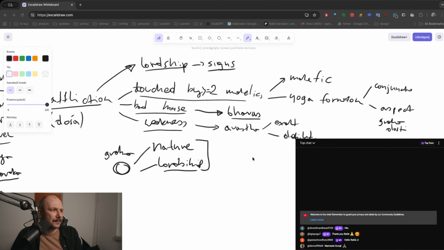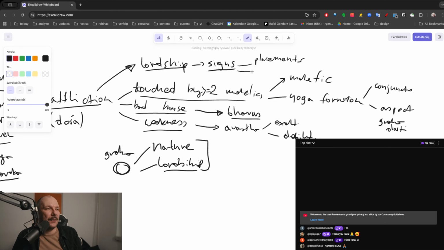All right. So when we are talking about the lordship of the signs, we also need to understand where those signs are placed in the chart. This is the first thing, right? The placement of the signs. Where are those signs in the chart?